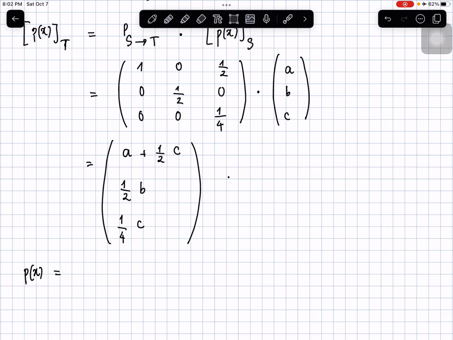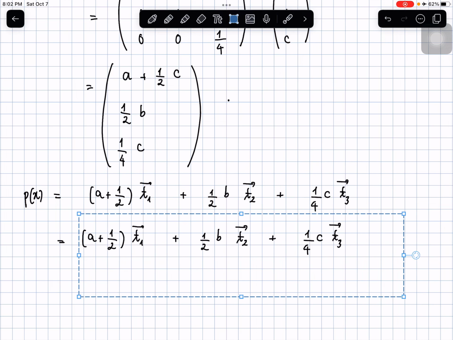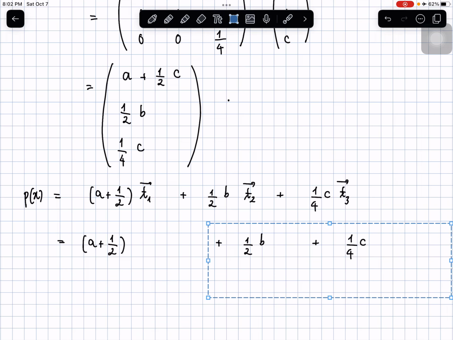If they ask us how to write p(x) as a linear combination of vectors in the basis T, we can write it as a plus 1 over 2 c times T1, the first vector in the basis T, 1 over 2 b times T2, the second vector in the basis T, and 1 over 4 c times T3, the last vector in the basis T. Now we replace them. So what are T1, T2 and T3?